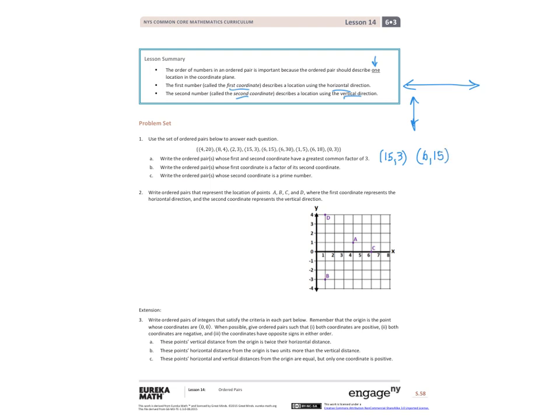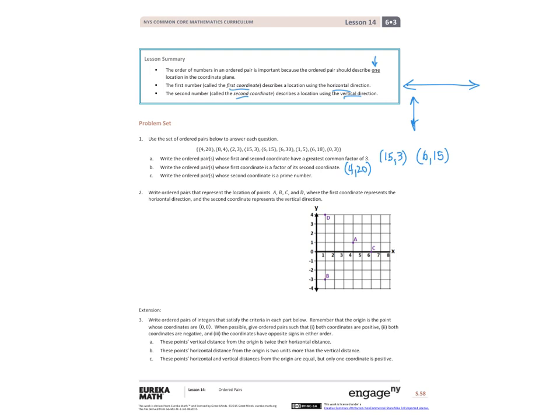How about B? The ordered pairs whose first coordinate is a factor of its second coordinate. Right now I see (4, 20) because 4 times 5 is 20. It's the first coordinate, so not (2, 3), not (6, 15).